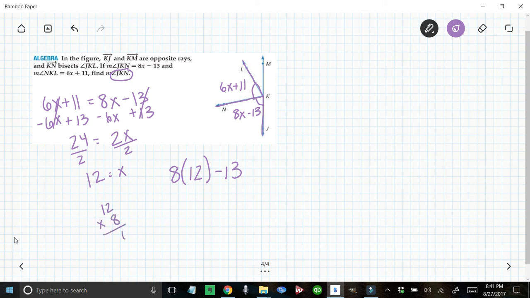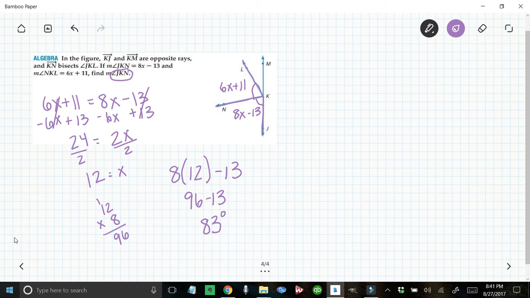If I multiply this out, we have 16, that's 96. And then 96 minus 13 is 83. So we have 83 degrees for this. If you wanted to, you could also plug that in here, and you would find that 6 times 12 is 72, and then add 11, you also get 83 degrees.